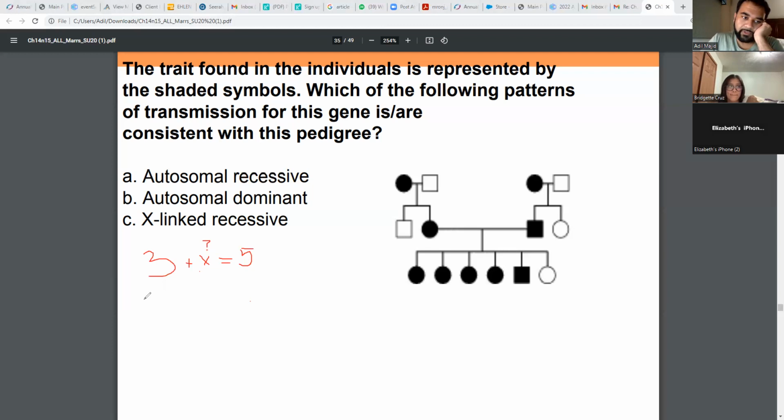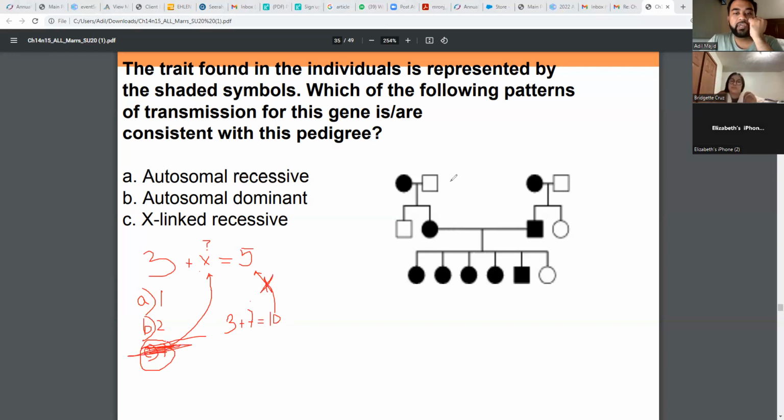Now if choice A was 1, choice B was 2, choice C was 7, let's pretend it was C. Let's plug it in and see if that works. If x was 7, it would mean 3 plus 7, which is equal to 10, which is not 5. So that means 7 can't be the right answer.